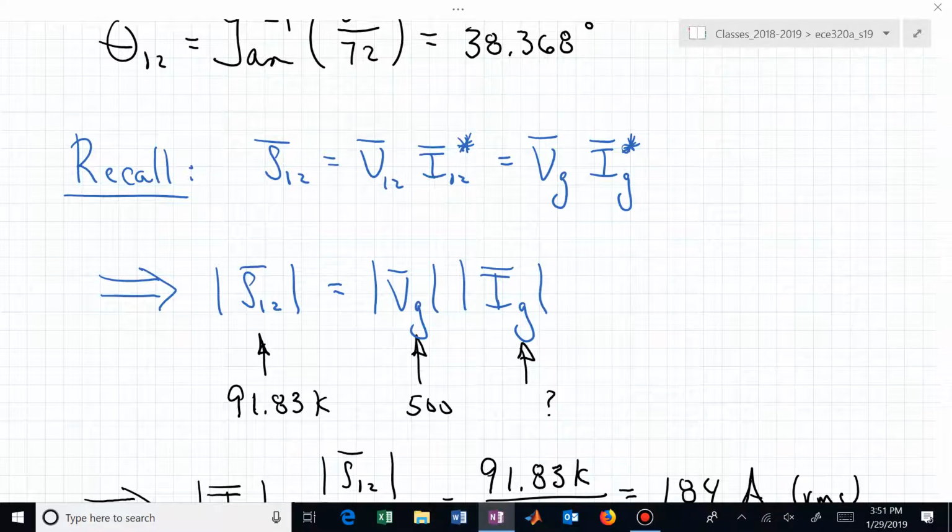We know the voltage, those two loads were in parallel, so the voltage is the same across those. And the current feeding those, well, we can find its magnitude because we know that the magnitude of the left-hand side is equal to the magnitude of the right-hand side. And we know the magnitude of our voltage. We just calculated the apparent power.